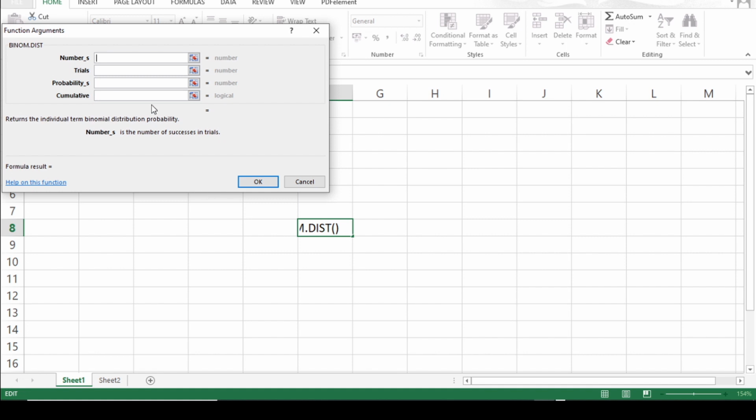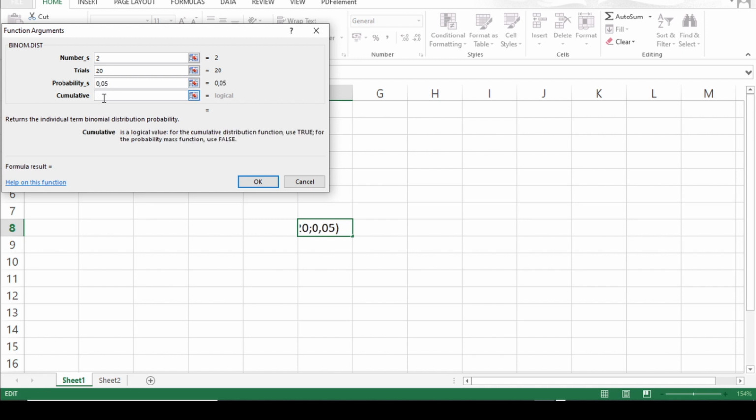First of all, to find the number of successes, we want to find the probability that x is less than or equal to 2. So the number of successes that we are interested in is 2. The number of trials is 20. The probability of success is 0.05.